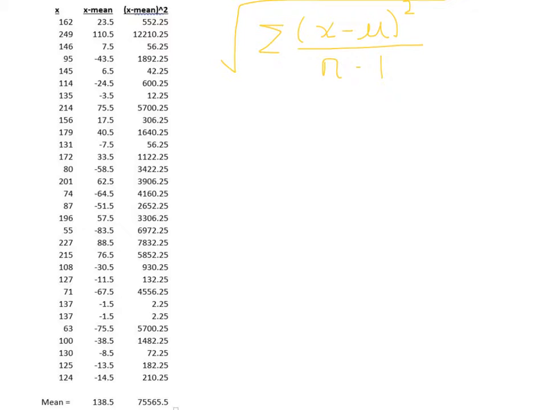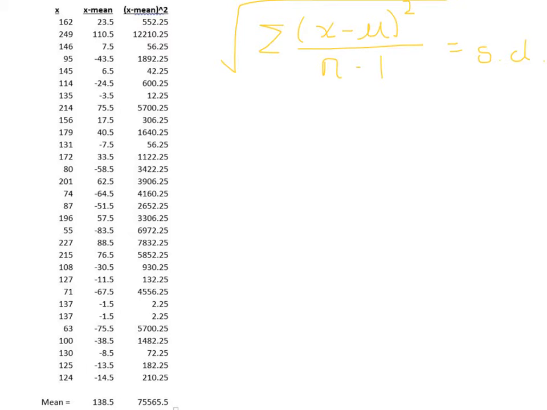Take each value of x, all 30 of them, one at a time, and figure out how different they are from the mean by subtracting that value of x minus the mean. Then square that difference, add those all up, and then finally divide by 1 fewer than the number of pieces of data that we have in our data set. That gives us what's called the variance. The standard deviation then is the square root of that. And again, it will give us the average spread away from the mean.